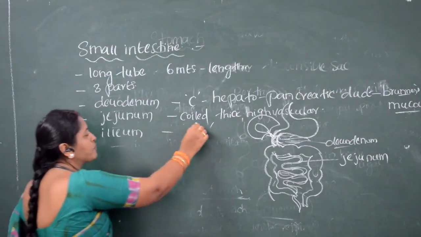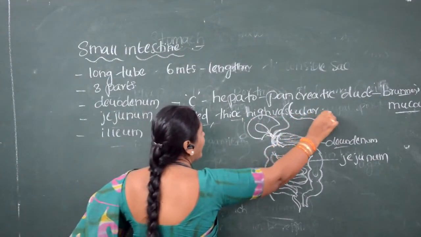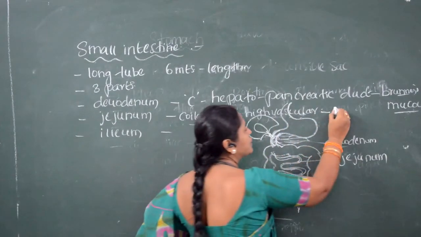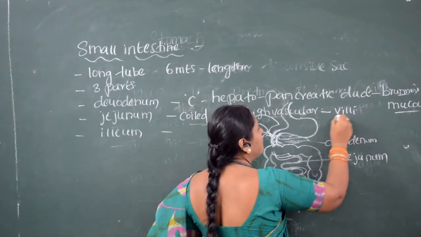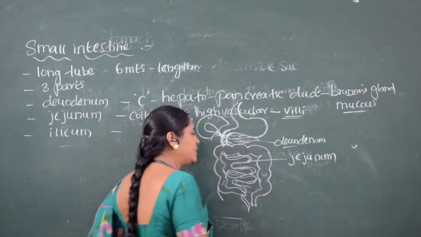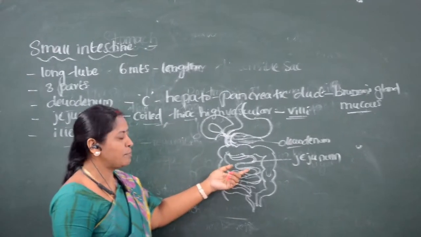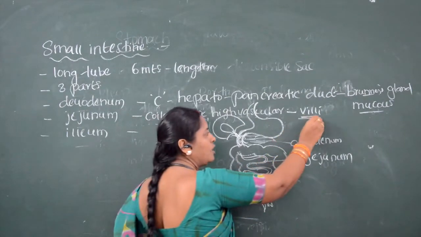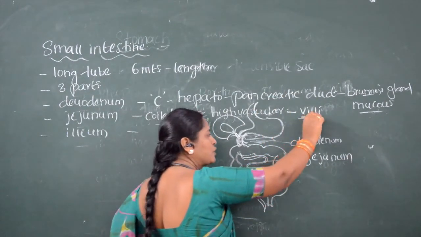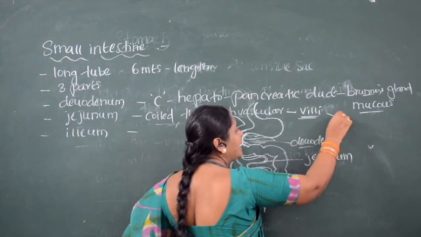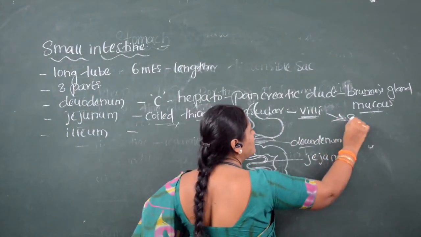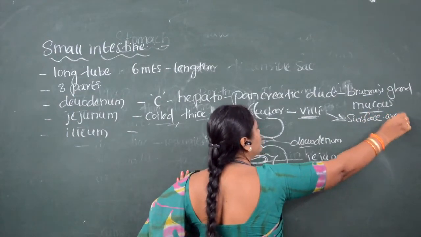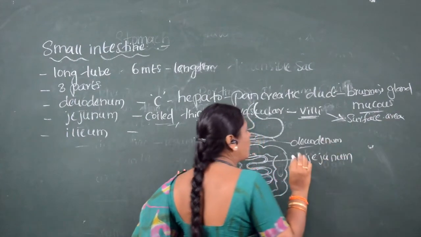Inside the jejunum, we can see finger-like projections. These finger-like projections are called villi. The main function of villi is to increase the surface area of the small intestine.